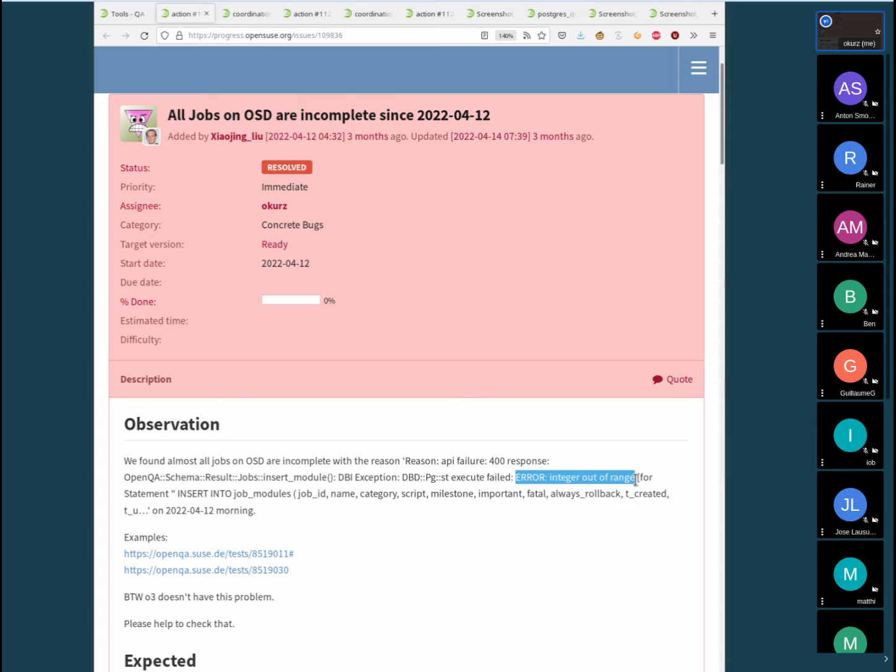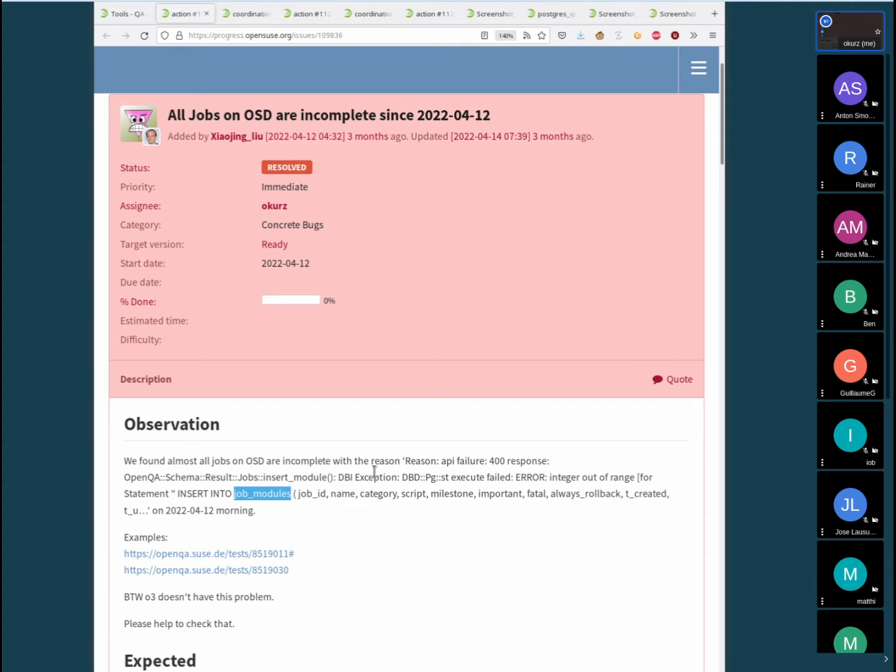So what happened? Well, in a database table you have indices, and the index that we use in that case for so-called job modules was running out of int max, the integer maximum.